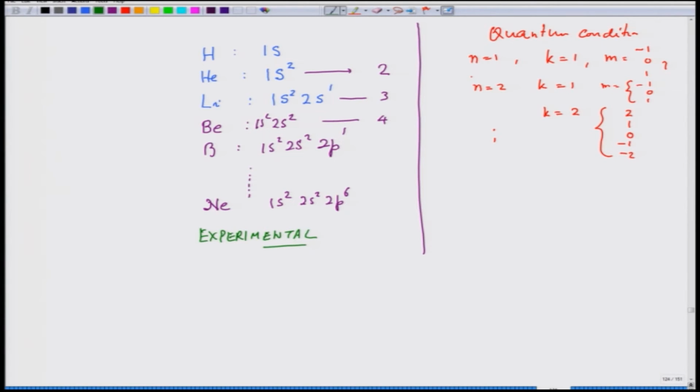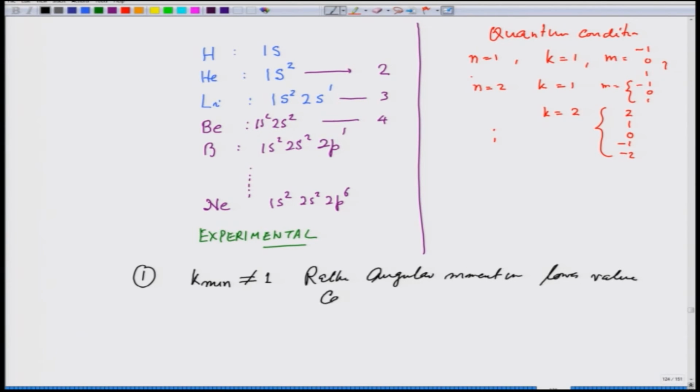All right. So, the first conclusion that was drawn is that k minimum is not equal to 1; rather, the lowest value of angular momentum can be 0. So, if I call this angular momentum quantum number L, it should actually be k minus 1.